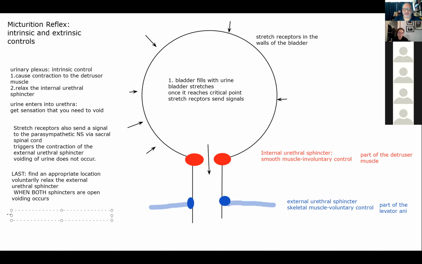And just like defecation, if you do not void, the signal will habituate and it goes away, right? When it goes away, that internal urethral sphincter closes. So if you don't time it right, by the time you get to the restroom, you may have trouble going.